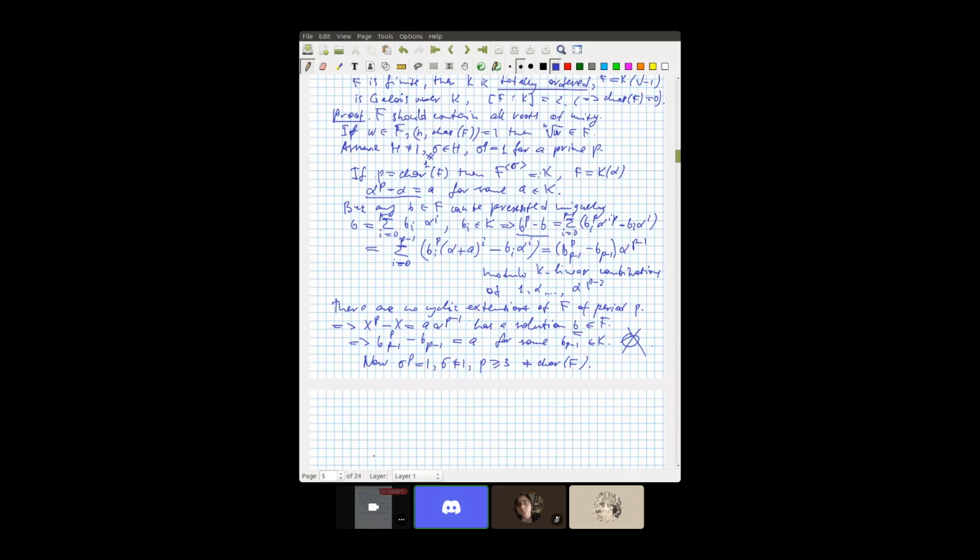All right. So then again, it is a cyclic group of prime order, so there are no intermediate subfields. Let us consider, again, we assume that all roots of unity are there.